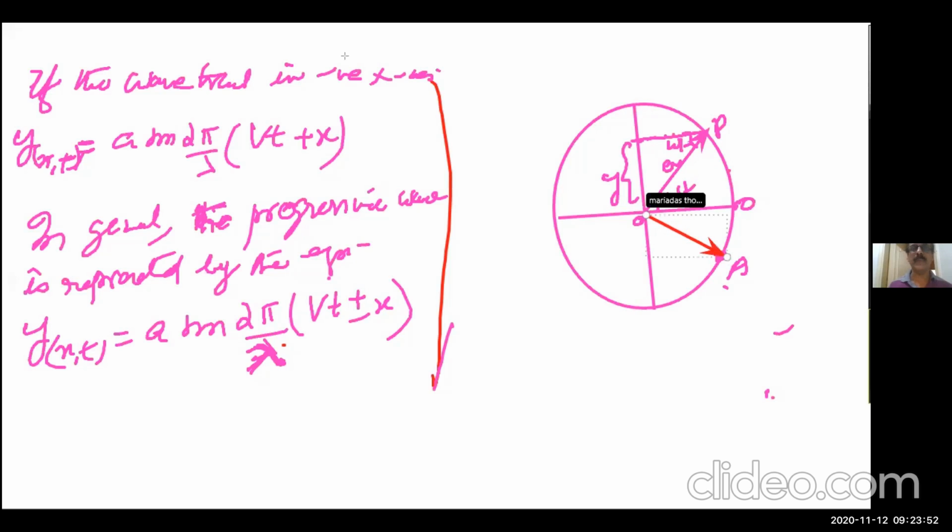Now if you are taking the projection and calculating the y value, you are calculating y from this point to this point, right? That's wrong. The y value is always measured from the origin. So this much extra phase is called phi naught. This is called initial phase or initial epoch.